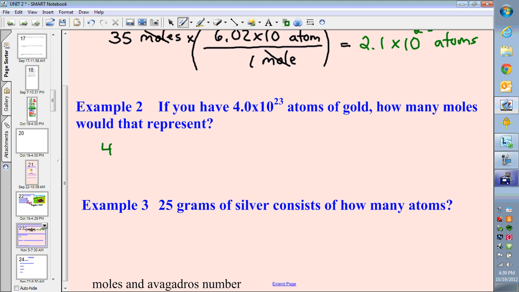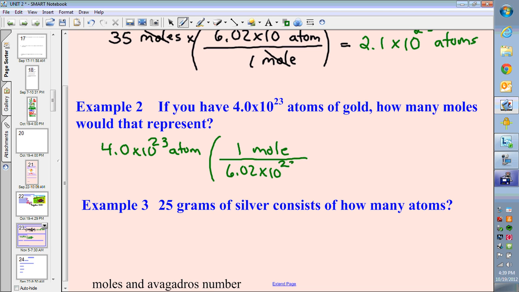So if I took my 4.0 times 10 to the 23 atoms, in this case, if we set our fraction up upside down and have 1 mole representing 6.02 times 10 to the 23 atoms, then when we work this out, you could take the atoms on the top and atoms on the bottom would cancel. So we'll bring the calculator back up, and this time you're going to take 4.0 times 10 to the 23 and divide by 6.02 times 10 to the 23.